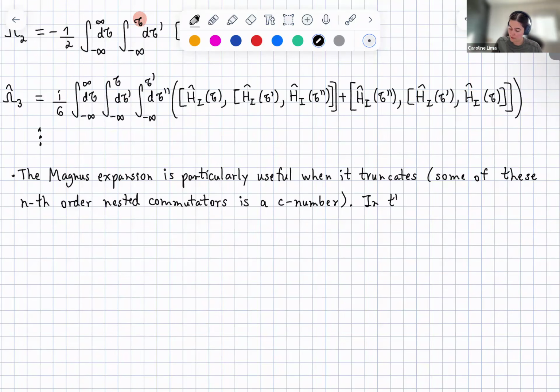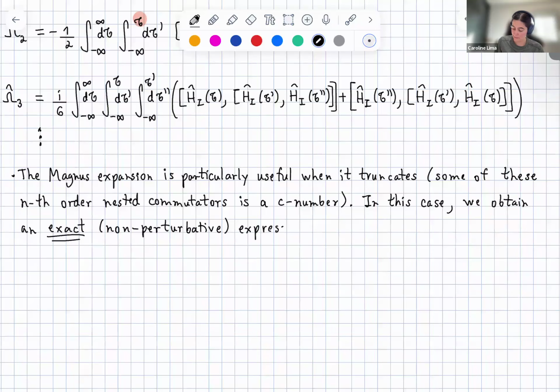So in this case, we're going to obtain some exact solution. And exact here means in a non-perturbative way. Expression for this time evolution operator that we're after. Okay.